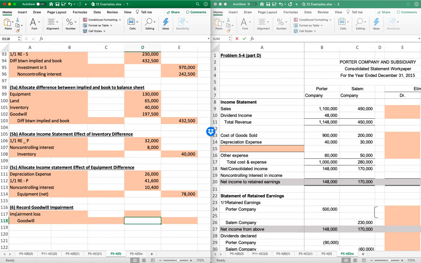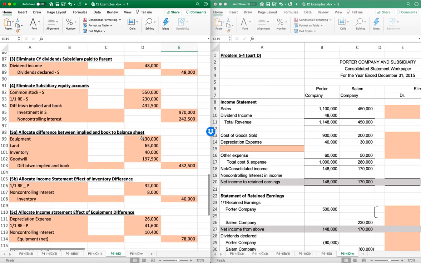Since this is on our current year income statement, we don't have to worry about splitting this between the parent share and the non-controlling share. The amount here is going to be whatever brings our current balance, which is $197,500, down to $150,000, which is what we want our balance to be, which means we need to record an impairment loss of $47,500.